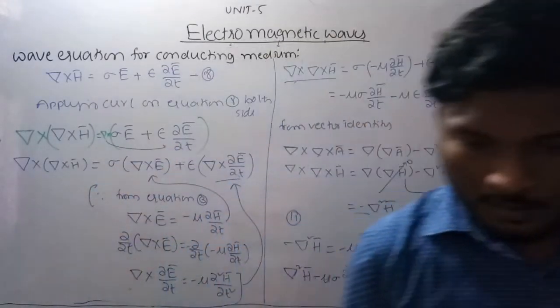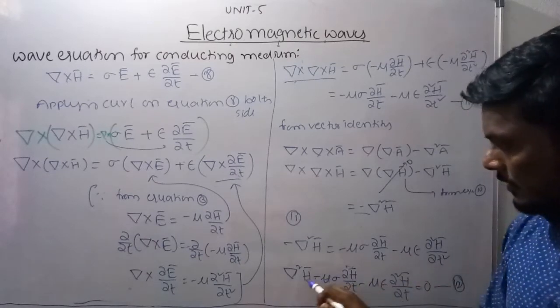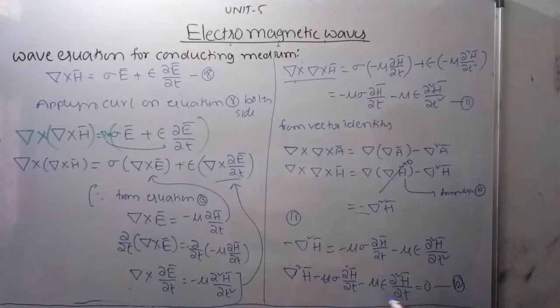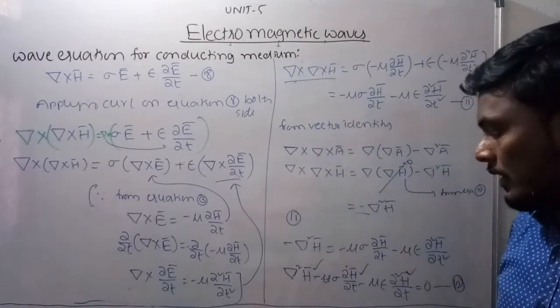Consider this equation number 12. As this equation contains the magnetic field intensity H bar, this equation is for the magnetic wave.